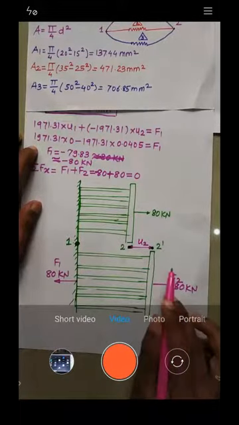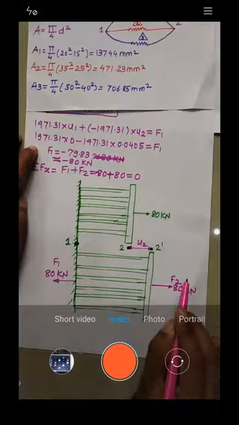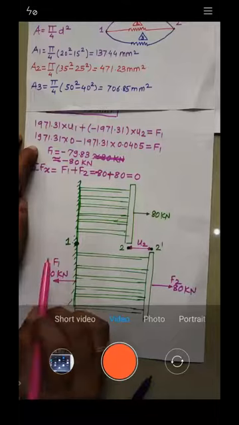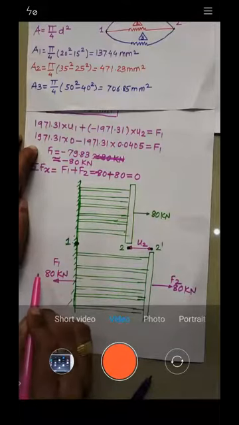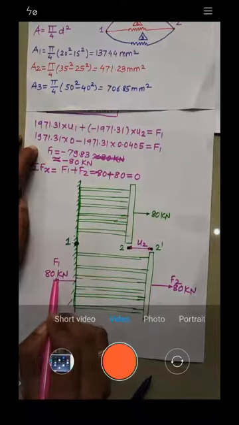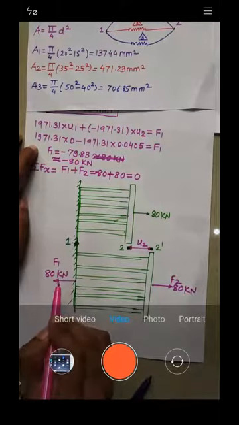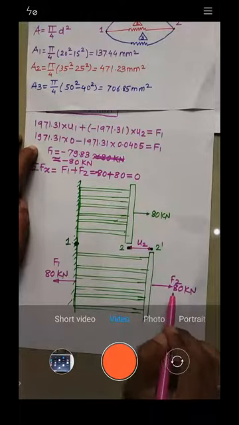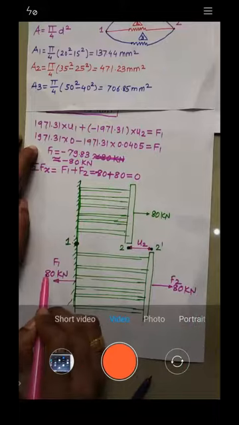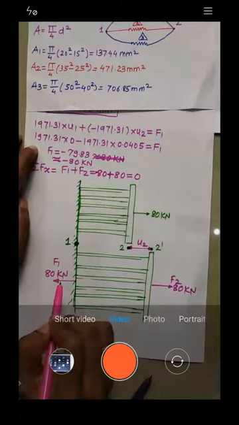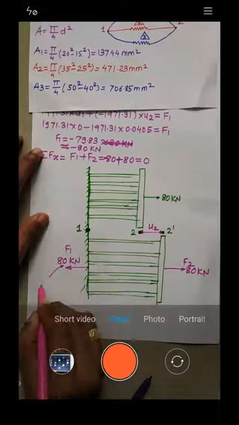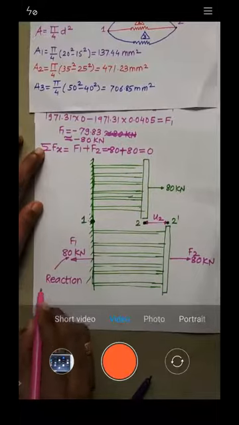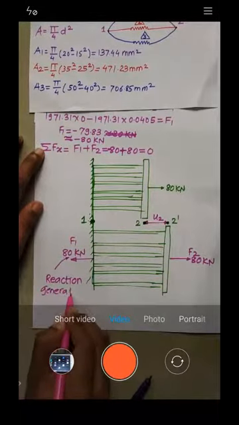They have applied 80 kilonewton, and in order to balance this, 80 kilonewton is produced at node 1. I have not written minus here because I already showed it by the arrow. If the arrow is going on the left hand side, that means it is minus. If the arrow is going on the right hand side, that means it is plus. So when you apply 80 kilonewton on the right hand side, 80 kilonewton on the left hand side will be produced, and that is nothing but your reaction that is generated.